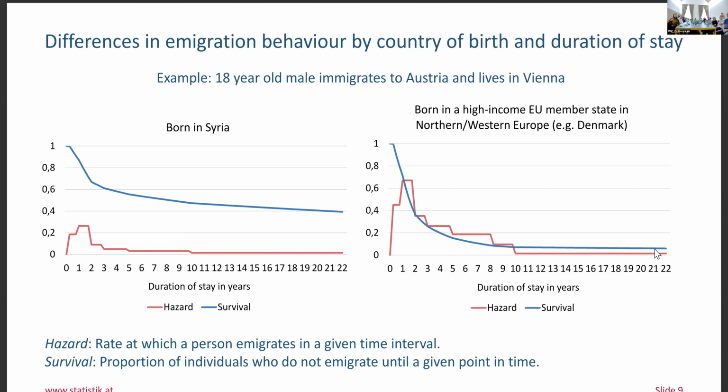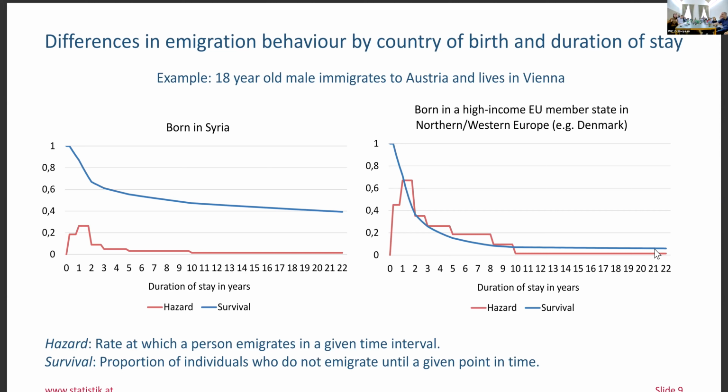The first being the clear relationship between the duration of stay and the emigration behavior. This is actually visible in both graphs because we can see that after the first 1 or 2 years of living in Austria, the emigration hazard starts to decline. So essentially, the people who are most likely to emigrate are the recent immigrants, whereas persons who have been living in Austria for a long time are less likely to emigrate.